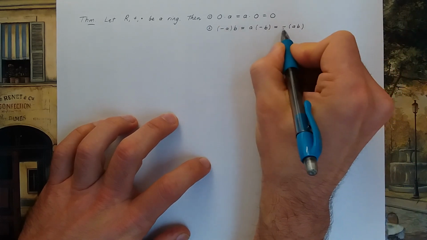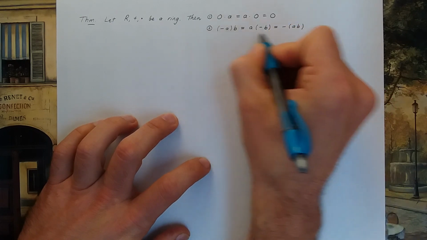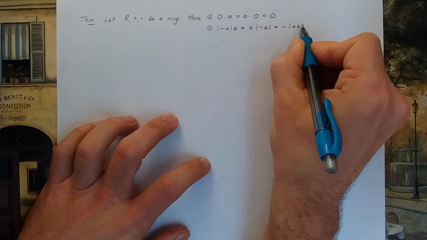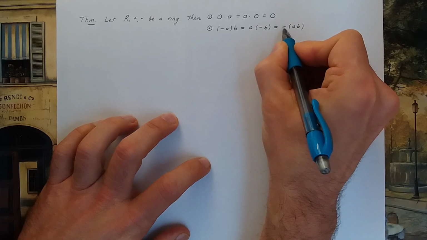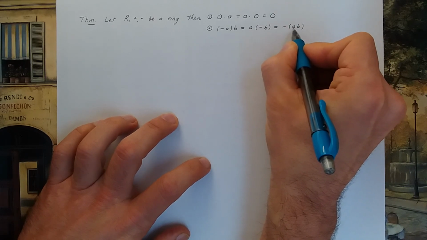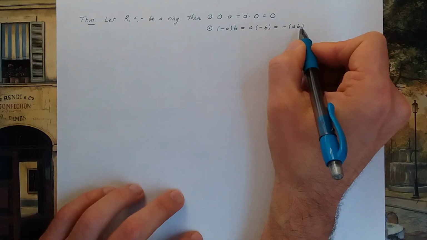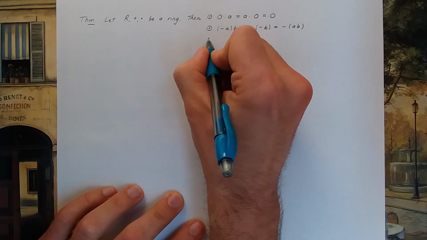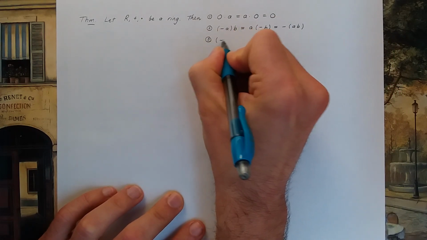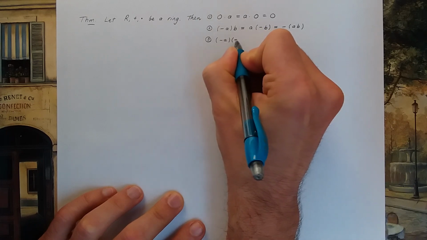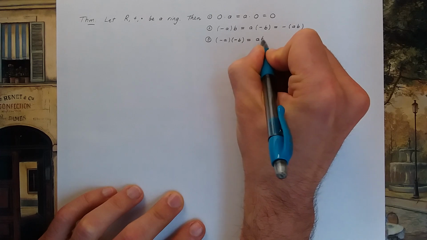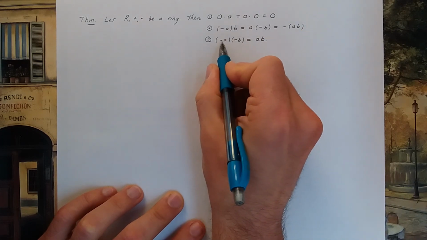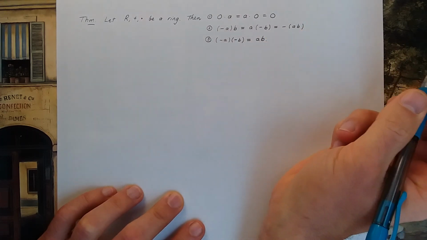When I put a negative in front of an element in the ring, that means the additive inverse to the element. So negative AB is the additive inverse to A times B. And third, negative A times negative B is AB. So two negatives give you a positive.